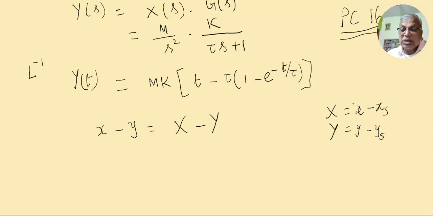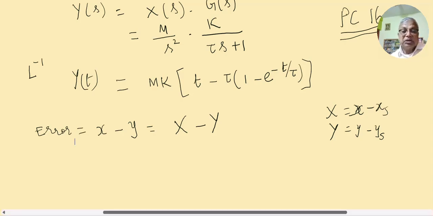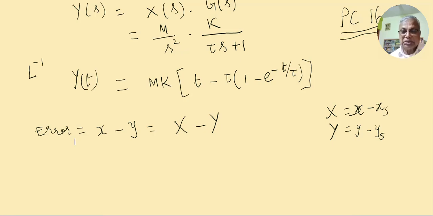So small x minus small y is the same as capital X minus capital Y. By the way, even though it is not mentioned here, this is also known as the error at that particular time. That is the difference between the indicated temperature and bath temperature.